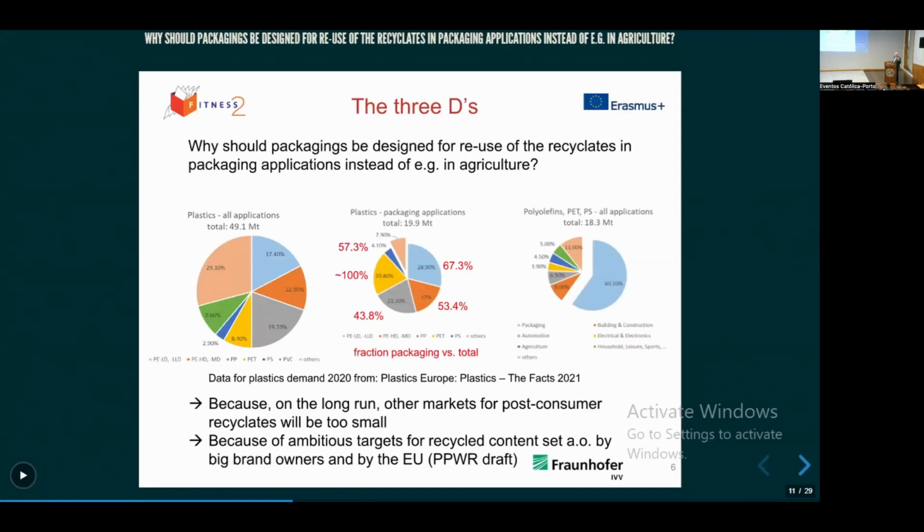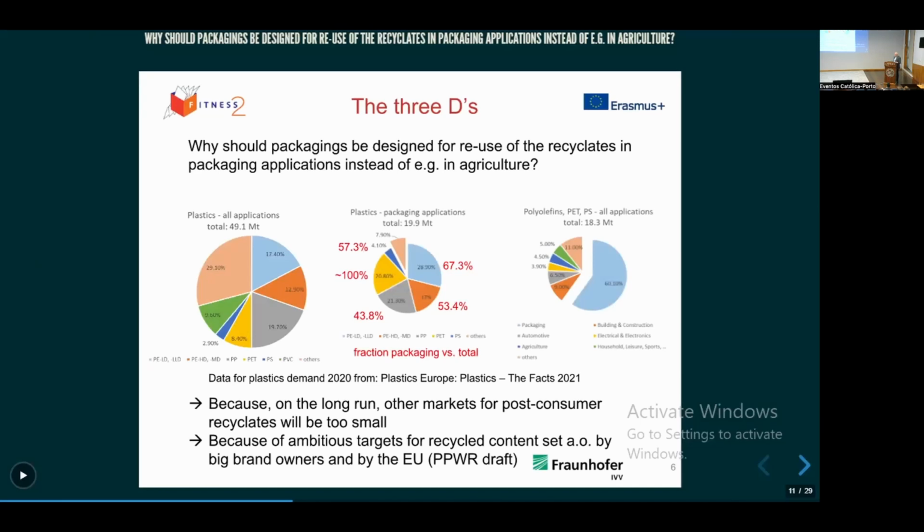So if we try to find a market for recycled plastics, we will not be able to raise the recycling content above a certain figure, because we need to go into packaging. Otherwise, the market is not big enough in the long term.